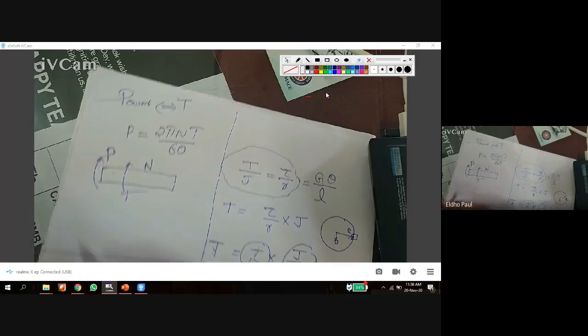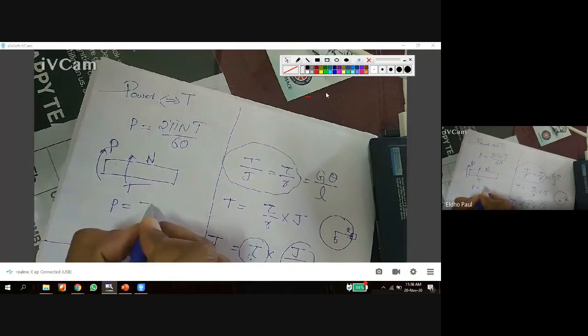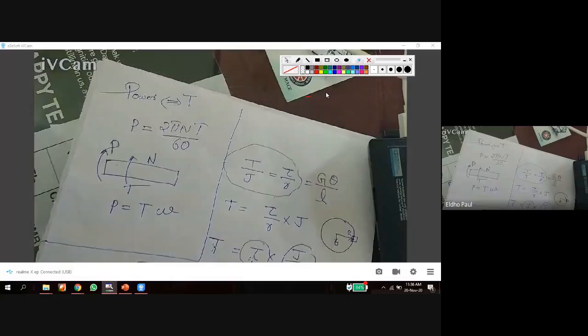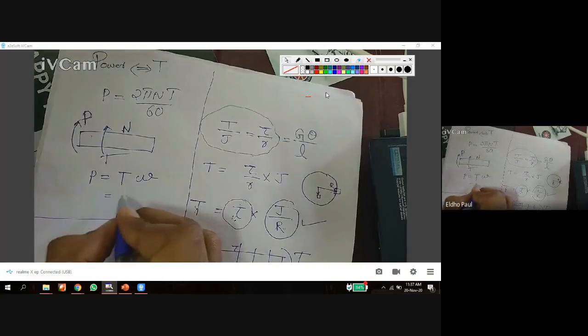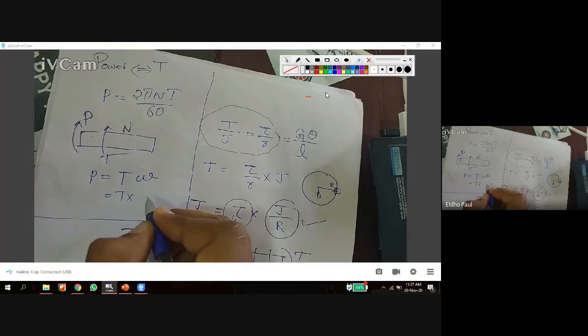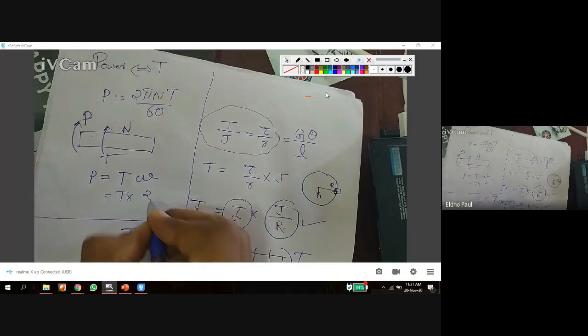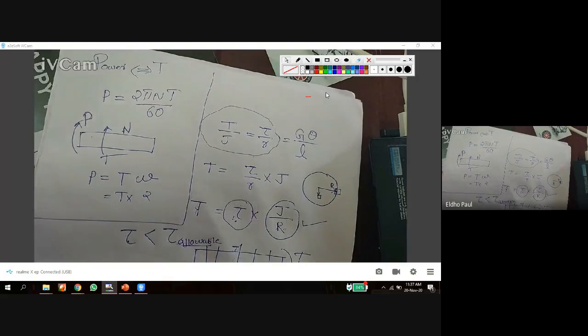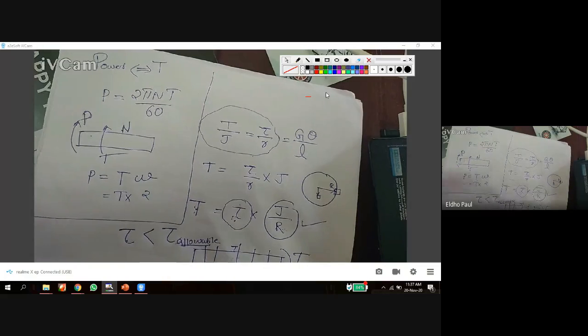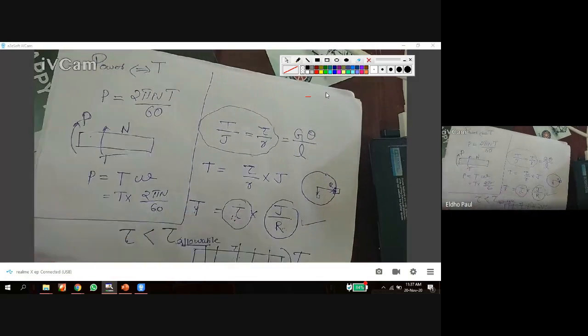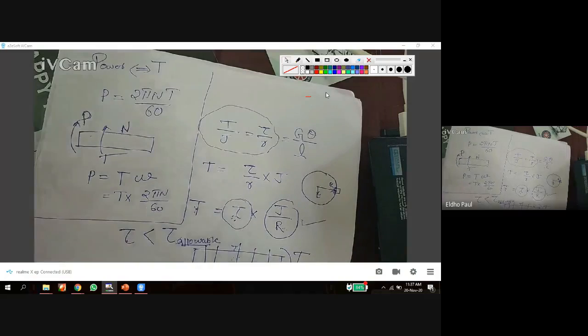Another relation you may have: power is equal to T omega, where omega is equal to 2 pi N by 60. So you already studied this.